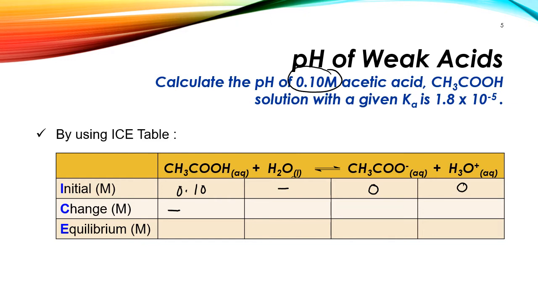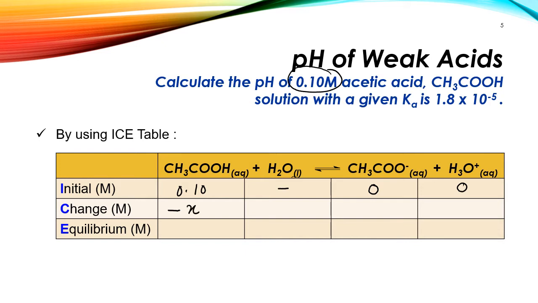How much has it decreased? Since this is a weak acid, it partially dissociates. Therefore, we cannot determine the exact value of dissociation, so we assume the dissociation is equal to X.